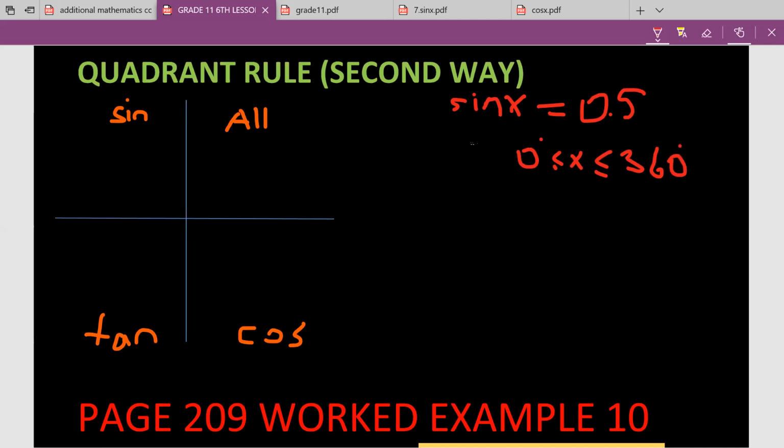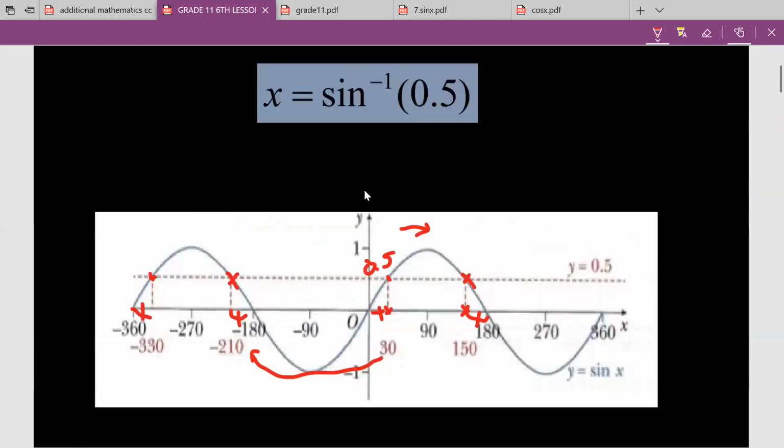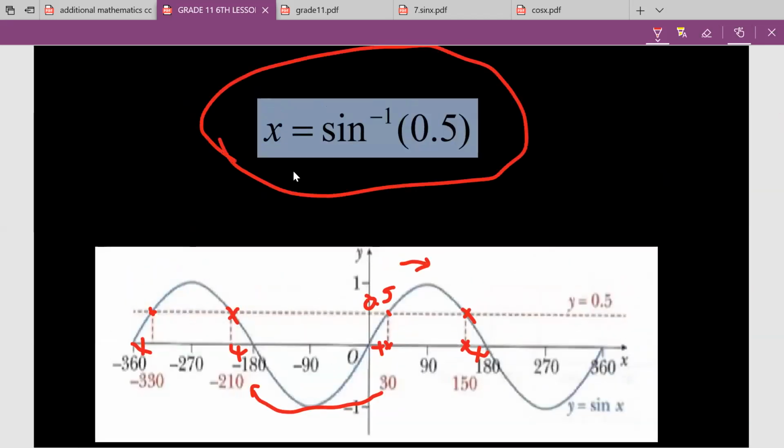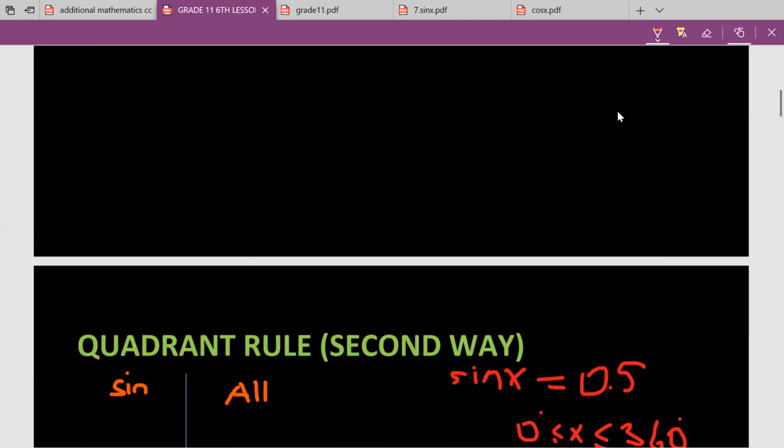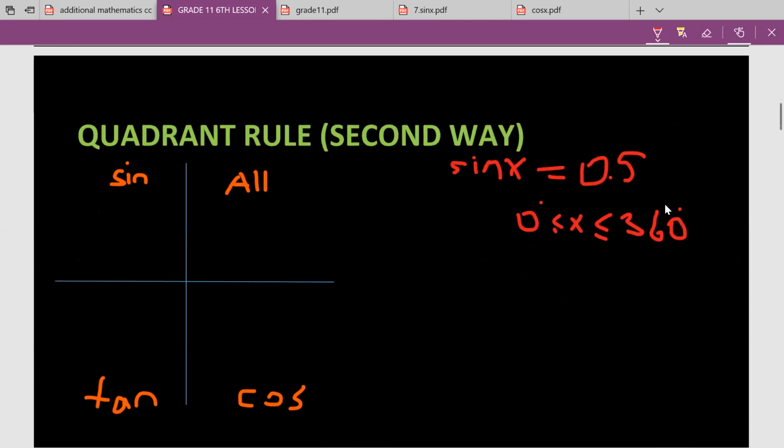Inverse sine. So we found it here. X equals inverse sine 0.5. When you use calculator in degree mode, x equals 30 degree. Before, when you check the question here, the answer is positive. Sine value positive. In which quadrants do we have sine values positive? In the first quadrant and second quadrant.